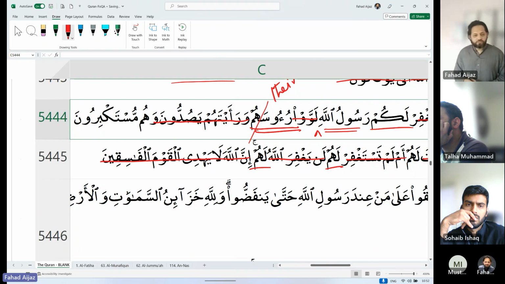When the situation in our country was going on, I was thinking about this ayah: Inna Allah la yahdil qawmul fasiqin. Indeed, Allah does not guide the nation of the corrupts, the nation that's fasiq.